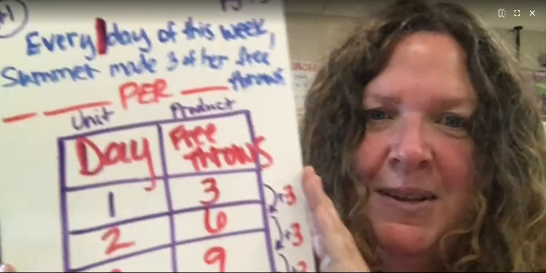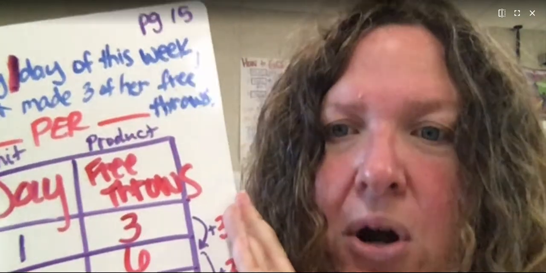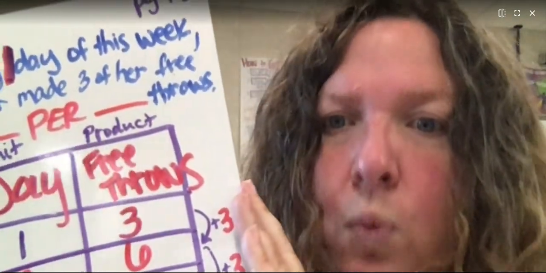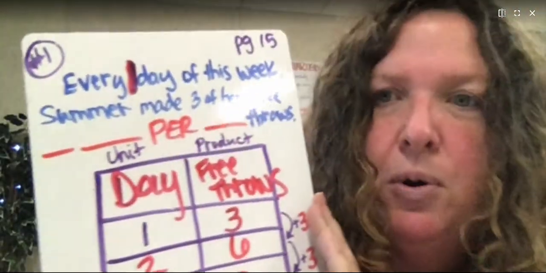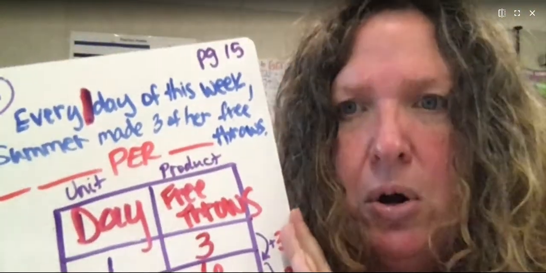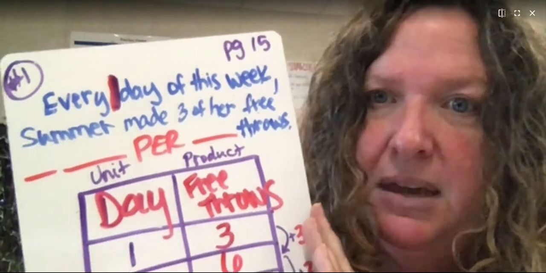Now, we could keep filling that out, but I'm going to let you continue to fill that part out, and we're going to talk about the blank, blank, per, blank. Remember the per, the number 1 comes after per. You won't see it. It's invisible, but it's per 1 something. So something, something, per 1 something.